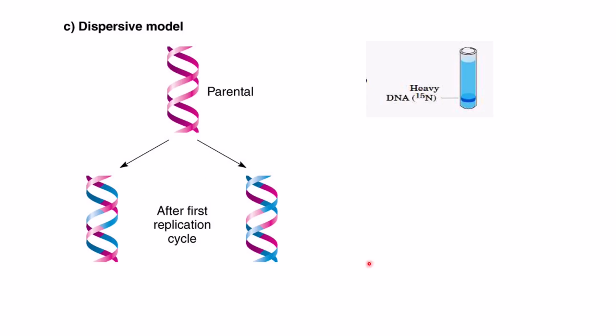This DNA after density gradient centrifugation should be giving you a single band coinciding with a density which is intermediate between N14 and N15 DNA.